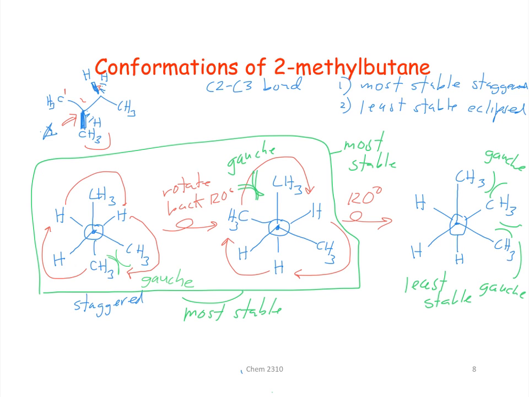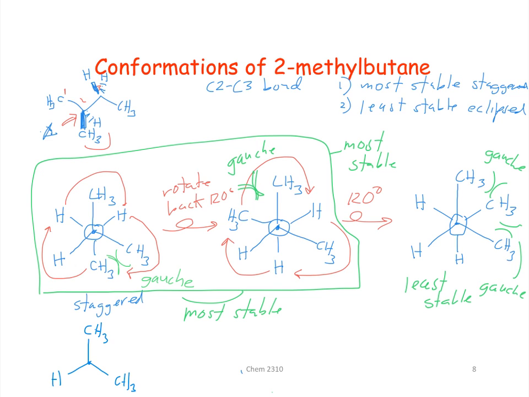Okay, what about the eclipsed? All right, so I'm going to keep the front carbon the same again. And what I'm going to do is take that structure up on top and rotate it by 60 degrees.